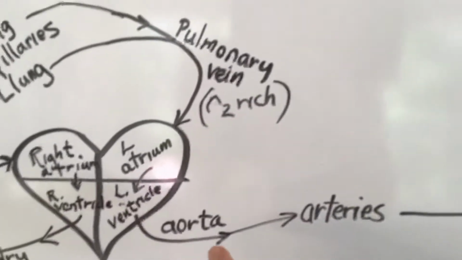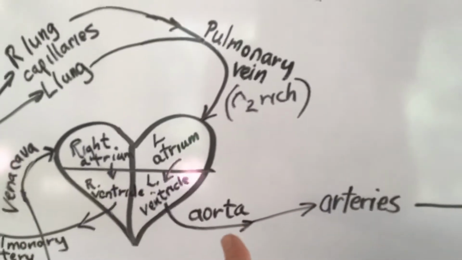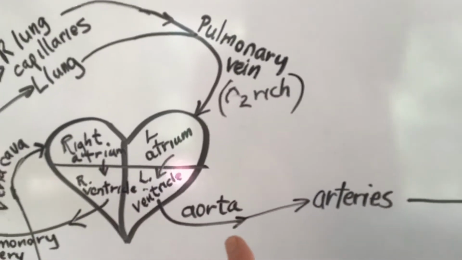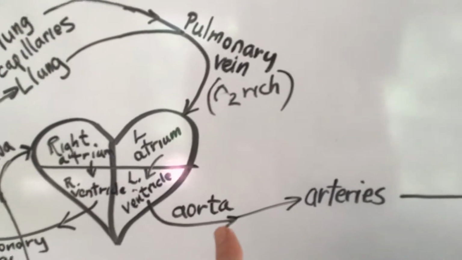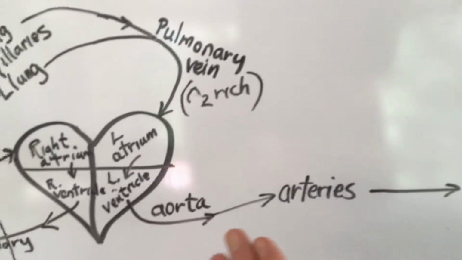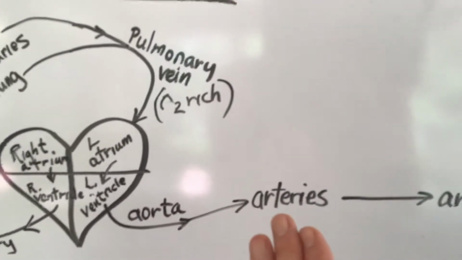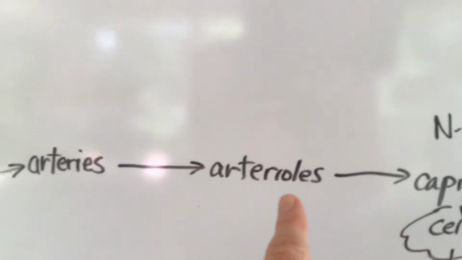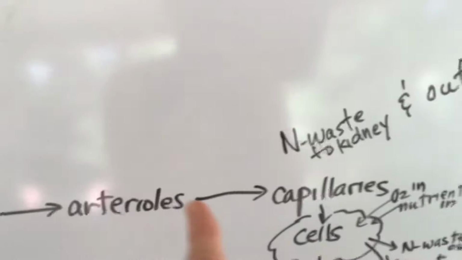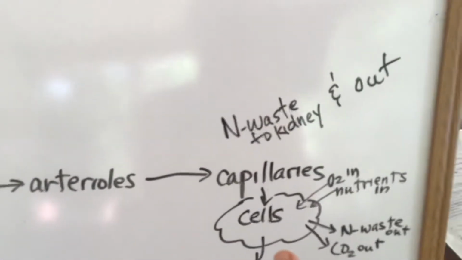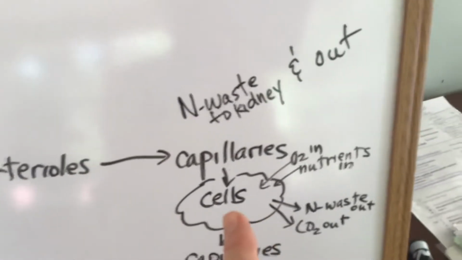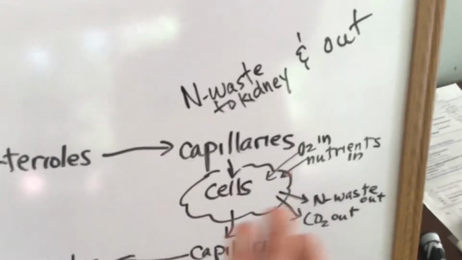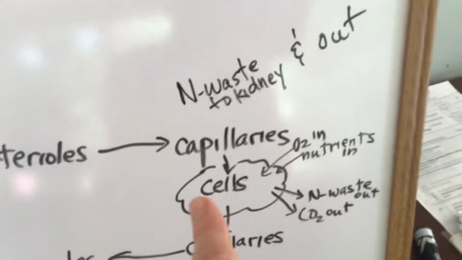Now it branches really quickly into other vessels that are going to the head and to the lower part of the body. The fairly large vessels are called arteries. Then you're going to narrow down eventually to arterioles and then to the capillaries that are feeding the cells. In the capillaries, the cells are going to be taking up oxygen.